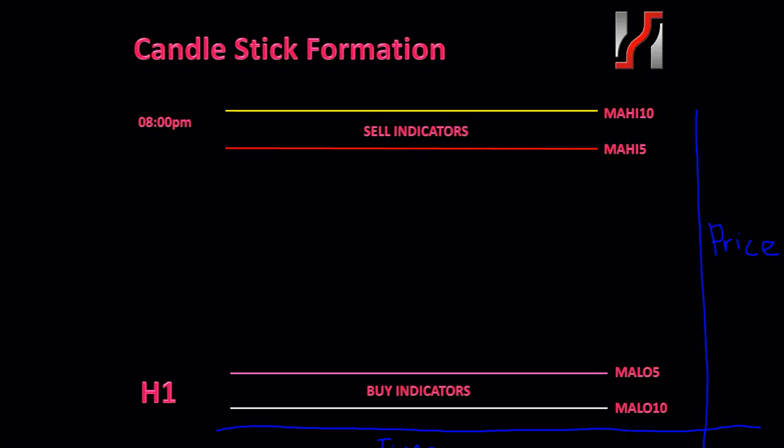It's fairly straightforward that we need to buy at the bottom and sell on the top. So what I have here is a candlestick that has just opened at about 8 p.m. Let's say the price right now is about $1 and you have about 50 cents here.